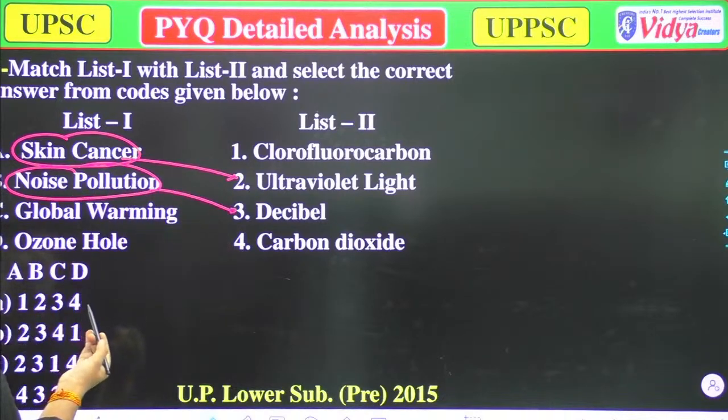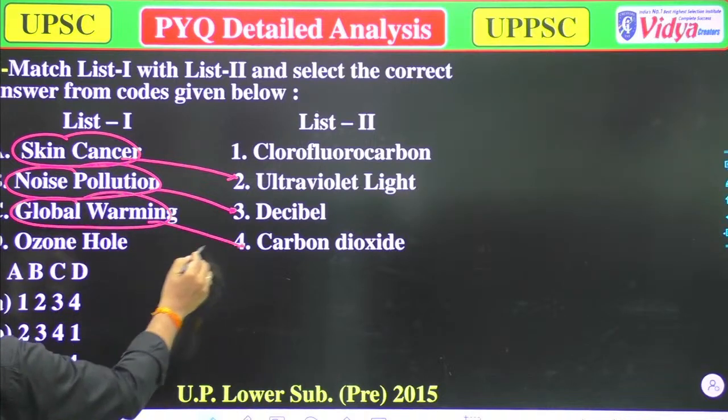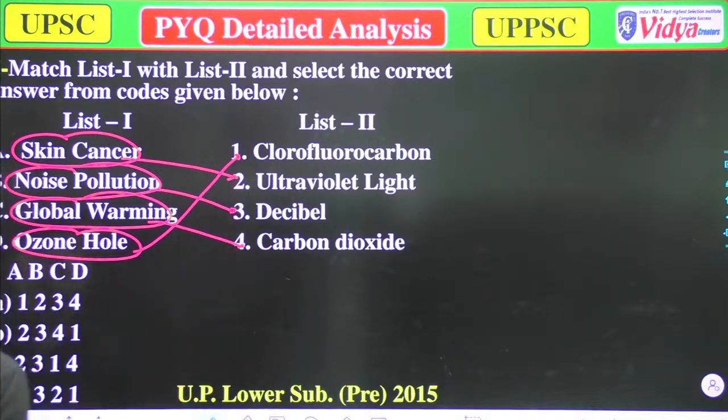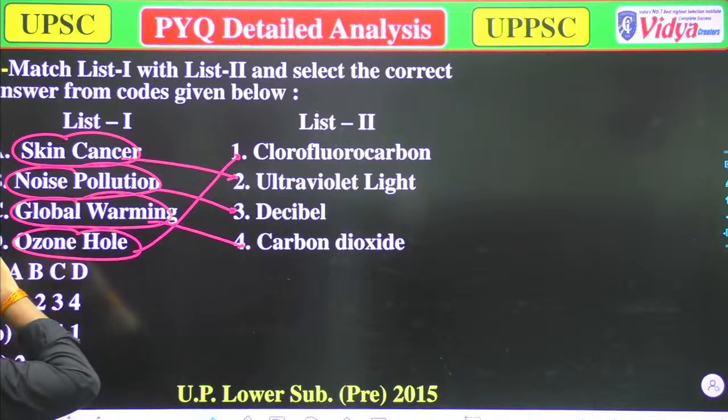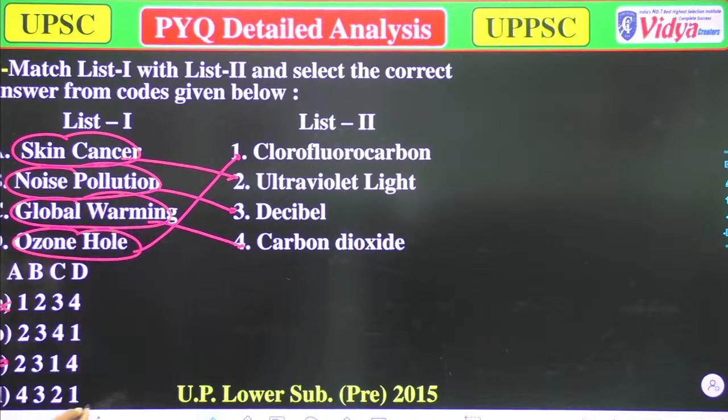Then global warming and ozone hole: global warming will be due to carbon dioxide, and ozone hole can be due to chlorofluorocarbon. Then D1, so we can eliminate these options. D1 A2. So option B is correct.